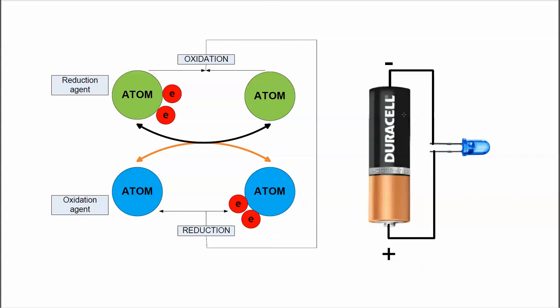This is a chemical reaction which enables us to get the energy out of it. So here you can see the following example. To be able to get the electrical energy out of the battery, we need two types of chemical reactions. One is called oxidation and one is called reduction.